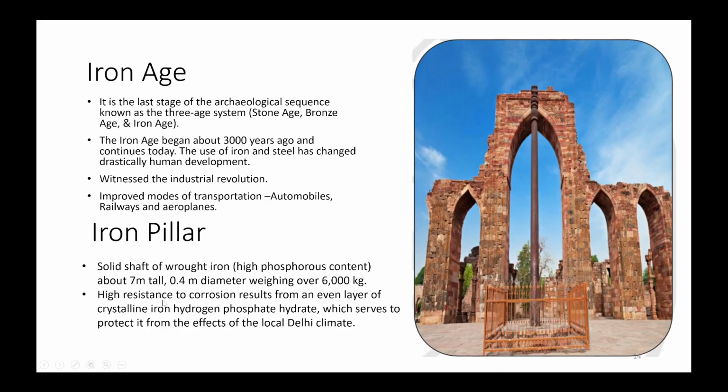The reason it is still corrosion resistant is that it has a layer of crystalline iron hydrogen phosphate hydrate, which protects it from the highly polluted atmosphere, so it doesn't get corroded even in that atmosphere.